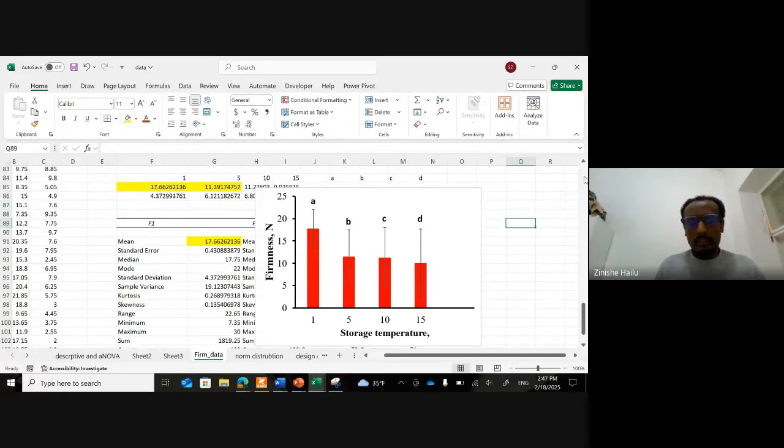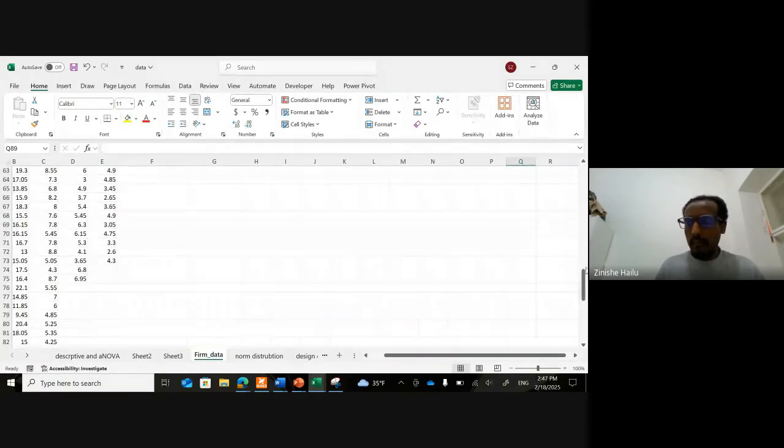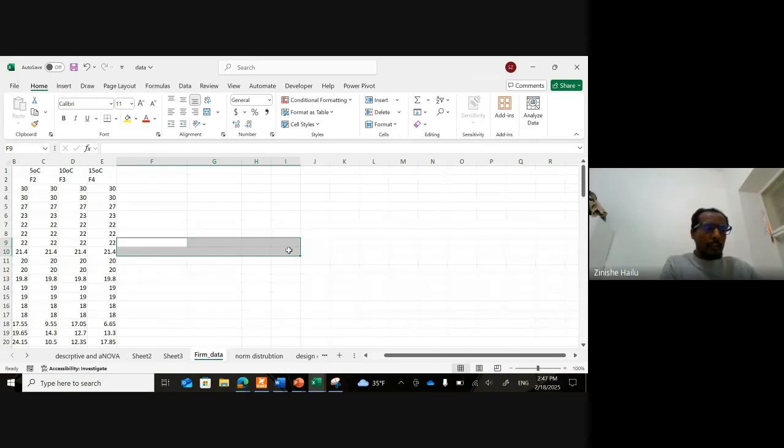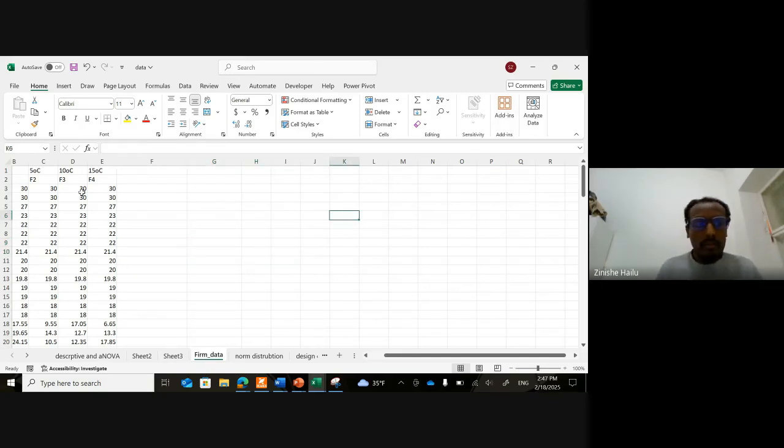So similarly for ANOVA, the objective of ANOVA is to compare the means for more than 3 groups. So we have here 4 groups.